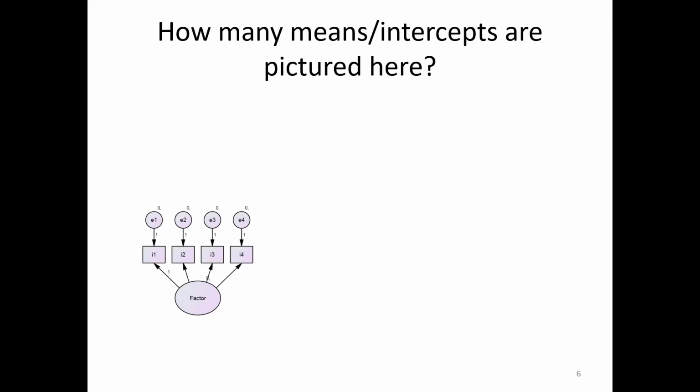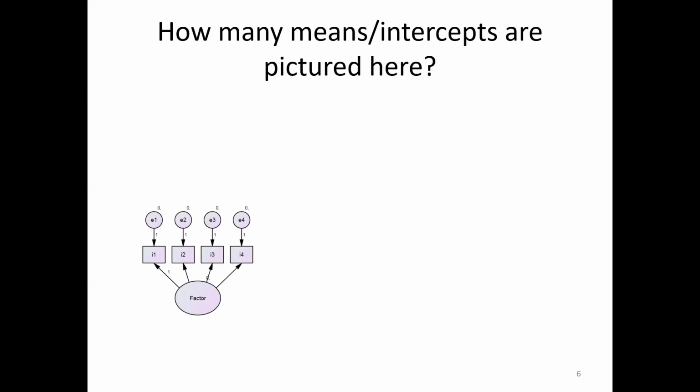Okay, that's option 1. Option 2 is, hey, maybe I want to constrain the latent mean in one group to be 0, because again, there's no obvious metric for the latent mean.